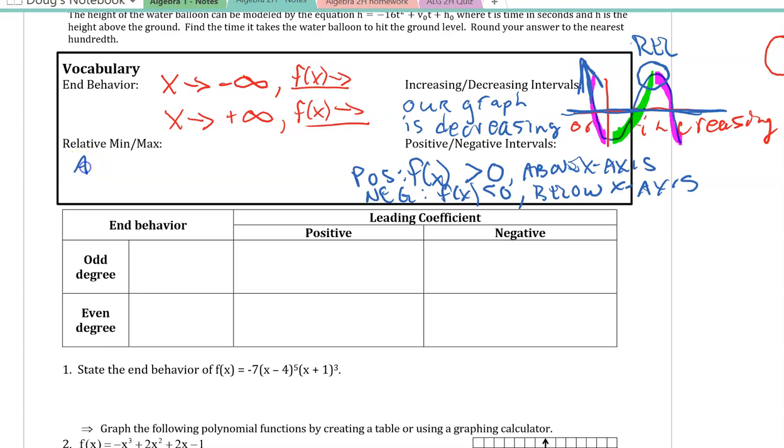So it is a place on the graph other than the end behavior where the graph has a max or a min.